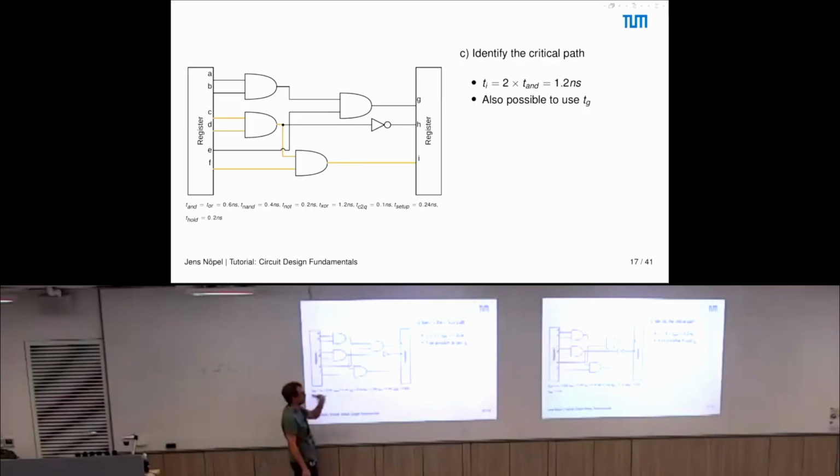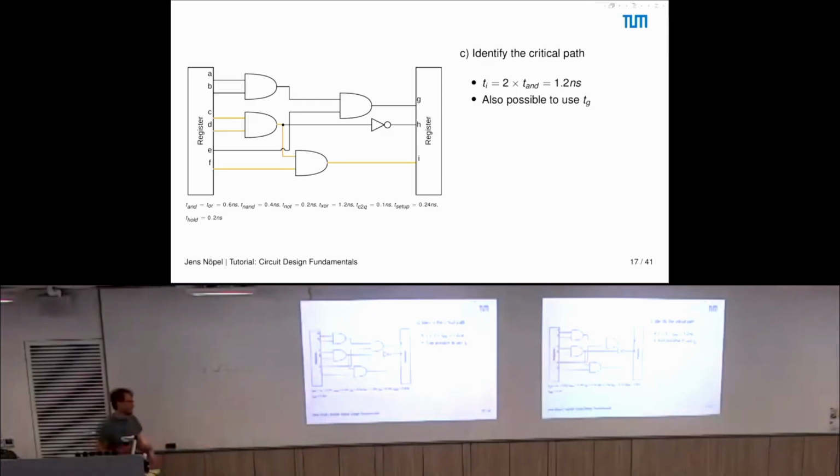So you need to make sure this does not happen. If T hold is larger than the smallest gate delay here, for example if we didn't have this gate and just connected this directly, then we would have a hold time violation, because the signal would be faster from here to here than our hold time. So just as a remark.